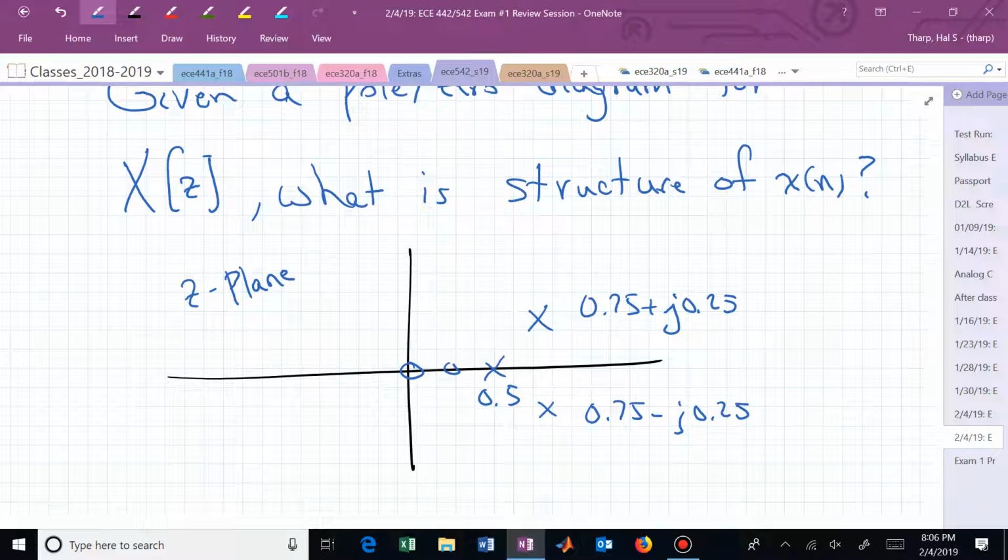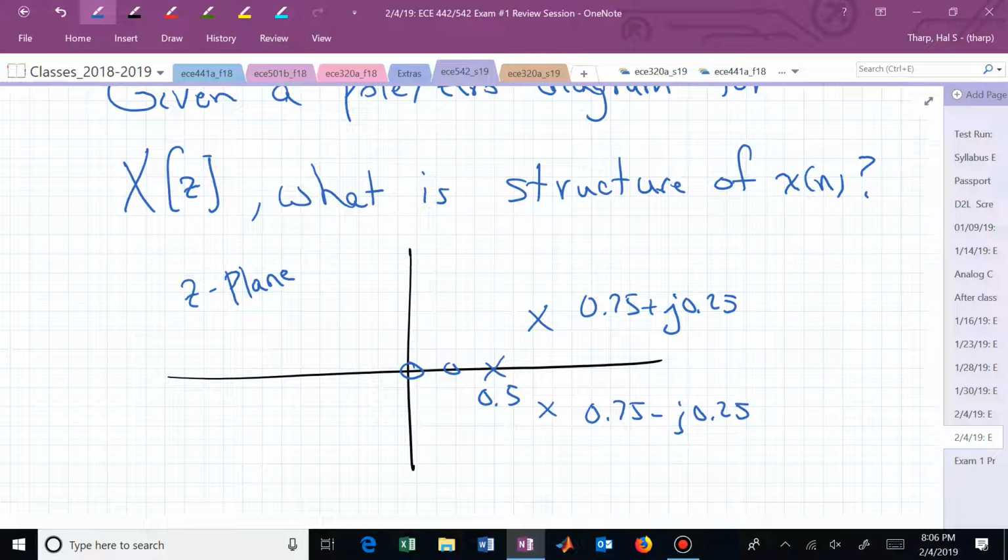So you would now find the hypotenuse associated with 0.75 plus j 0.25. That would be the r. And then you would find the angle, and that would be the inverse tangent of 0.25 over 0.75, or the inverse tangent of 1/3. From the origin.